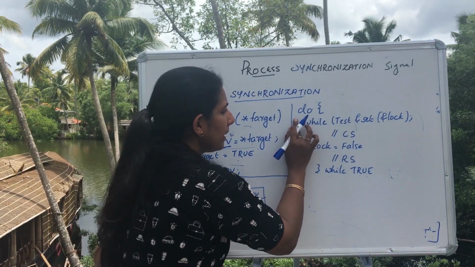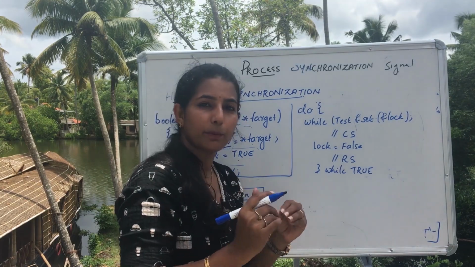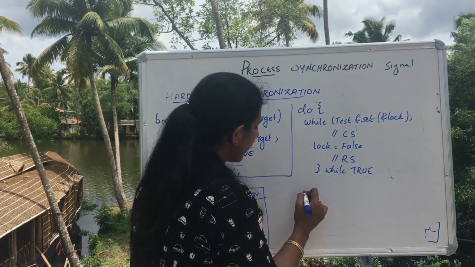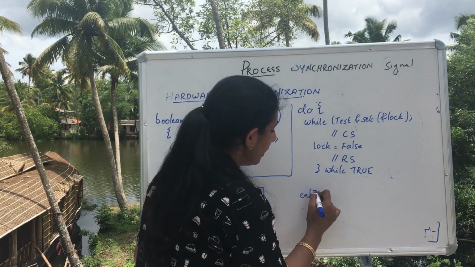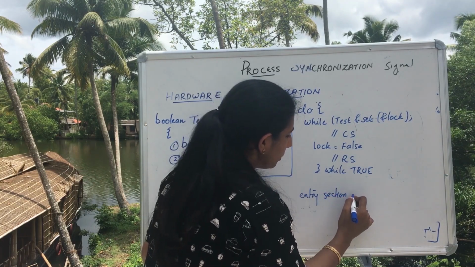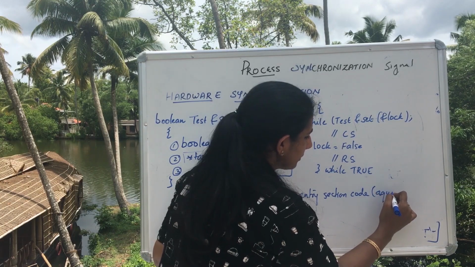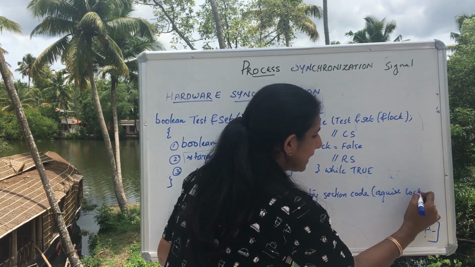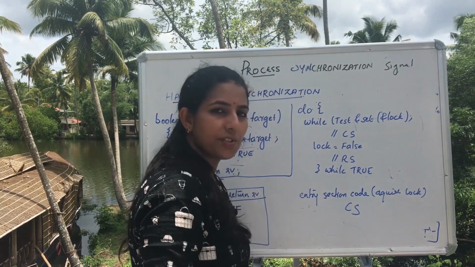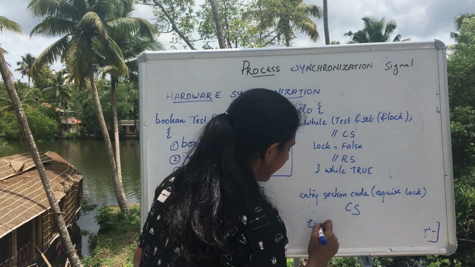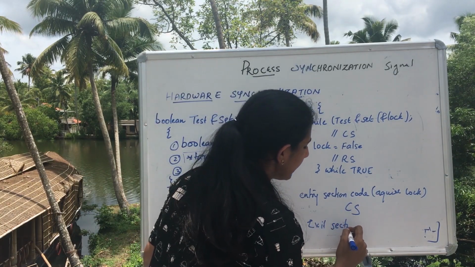So if you remember from the previous session, whenever a particular process wants to enter into the critical section, it has to run an entry section code to acquire the lock, and once it gets the lock, it enters into the critical section, and once it finishes, it has to run the exit section code to release the lock.